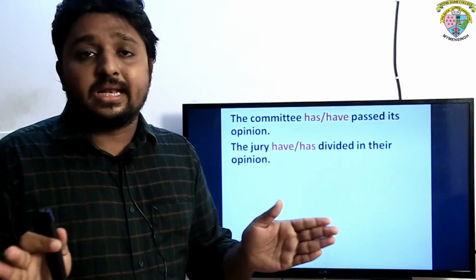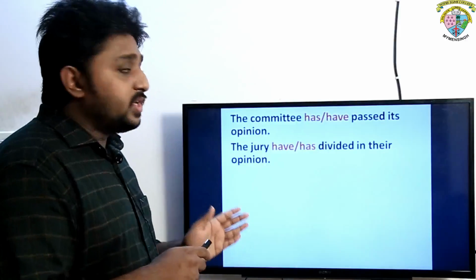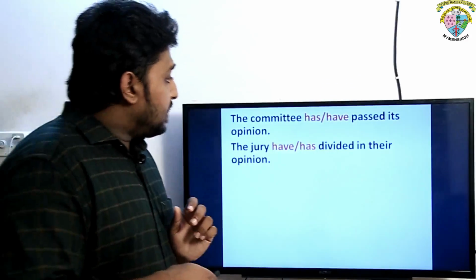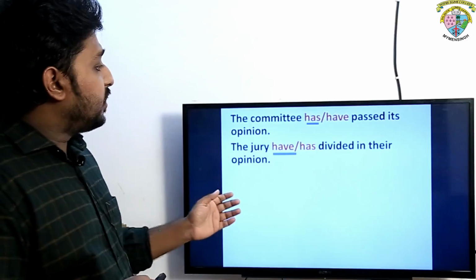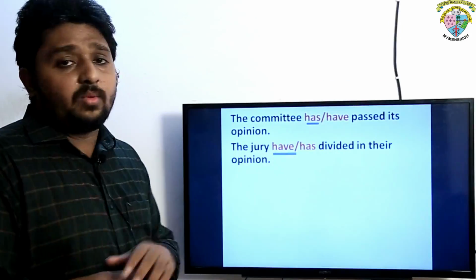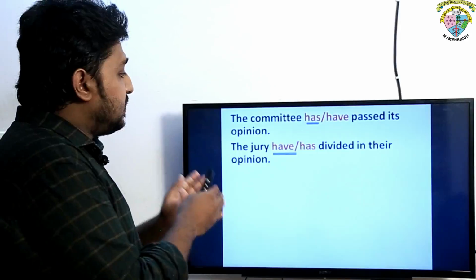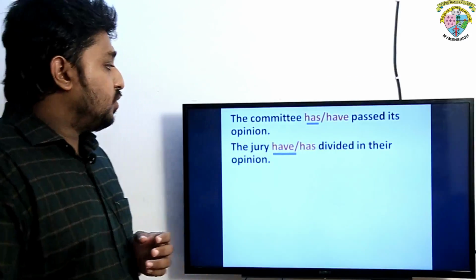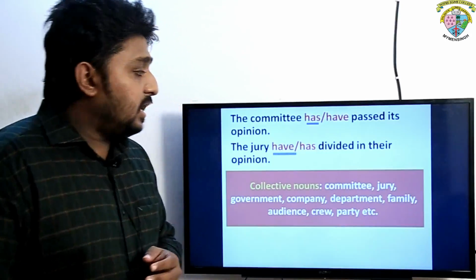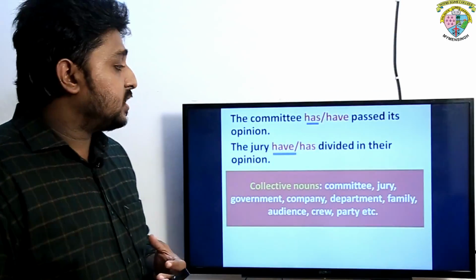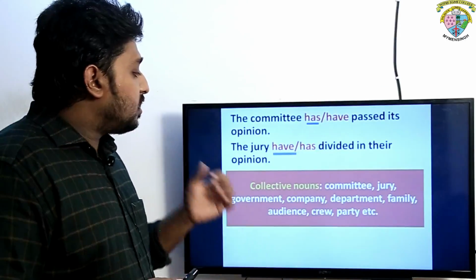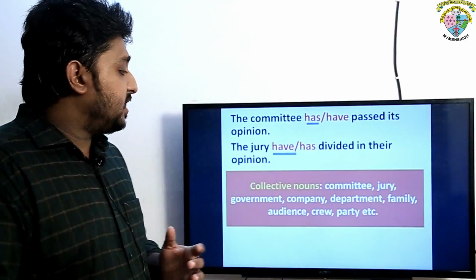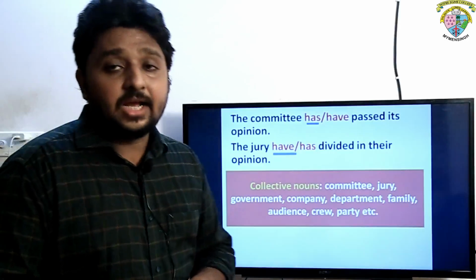They are not broken here, and that's why they receive the singular verb. But in the next line, look, the jury have divided in their opinion. Why? Because here the jury is divided in their opinions. So we have to know some collective nouns, and we can get some of these: committee, jury, government, company, department, family, audience, crew, party, etc.